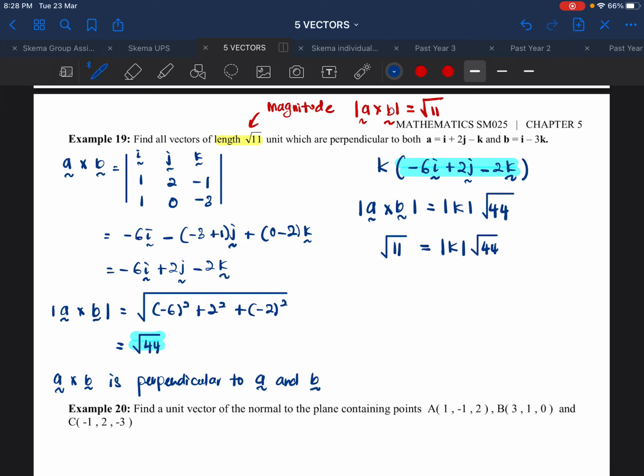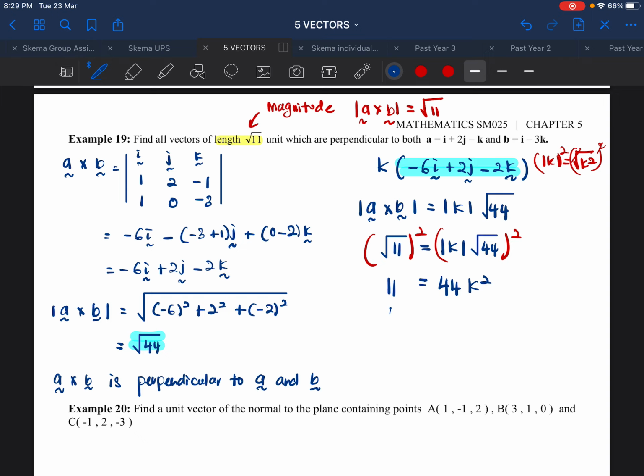So kita boleh selesaikan kat sini by squarekan both side. Square root 11 squared, kita ada 11. Square root 44, 44 lah. So magnitude modulus K square, ingat kita ada modulus K ialah square root K squared. Kalau kamu squarekan kat sini, kita cancelkan square root, so tinggal K square dekat situ.